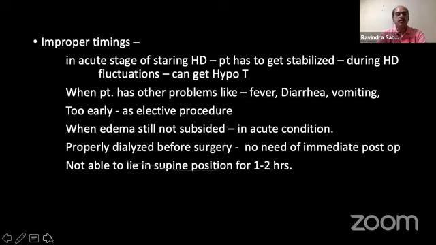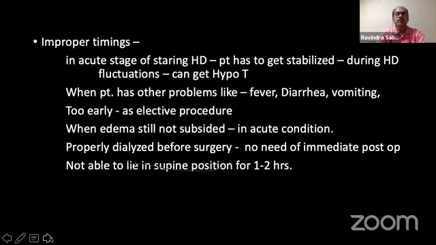Now, Ajay said that the patient ideally has to be done about 5 to 6 months before anticipated starting of the dialysis. Now, this is very, very important, that improper timing also can be a reason for the failure. Now, what do you mean by improper timing? Most of the time, although Dr. Ajay highlighted what is the appropriate timing for the fistula, most of our patients are not like that.